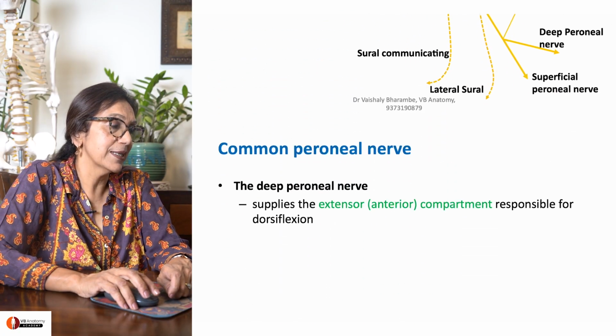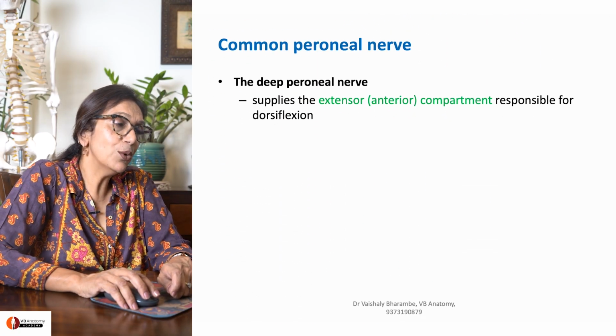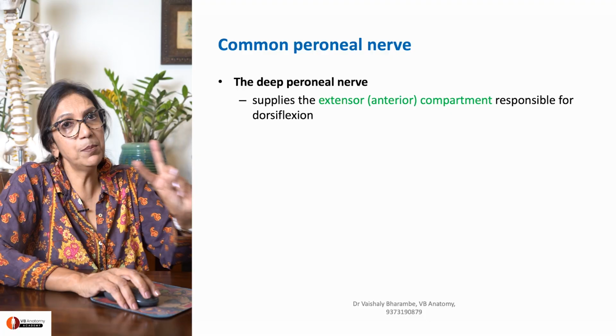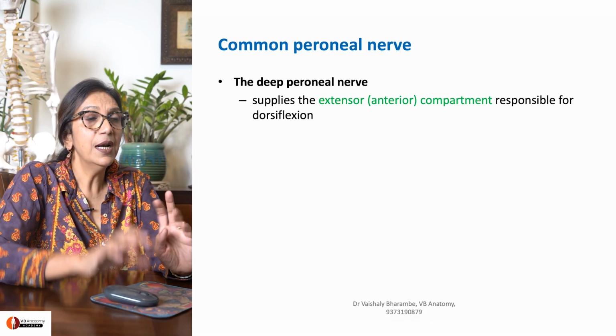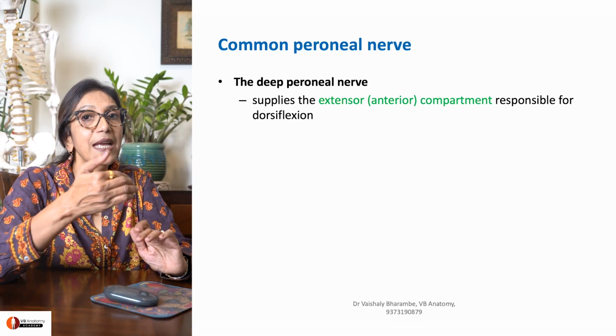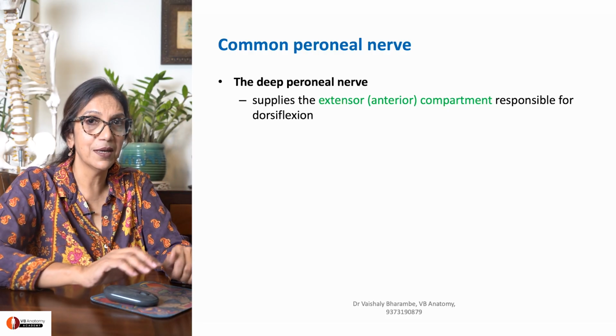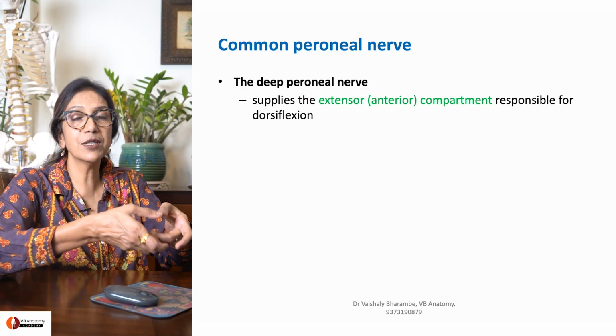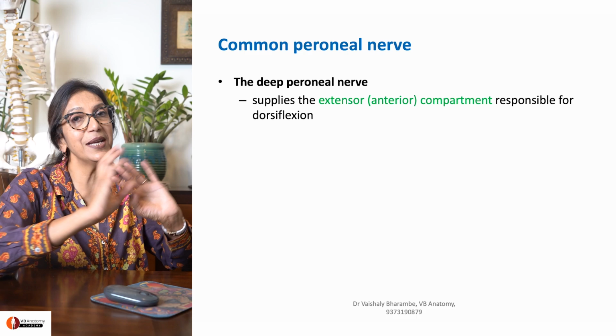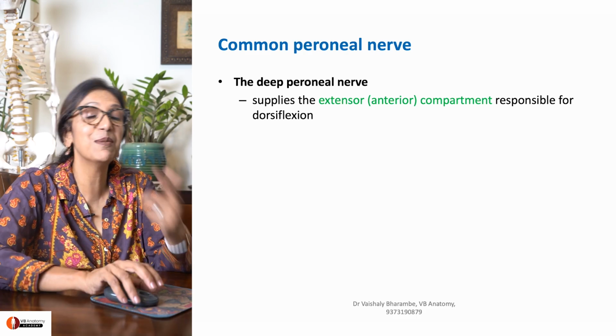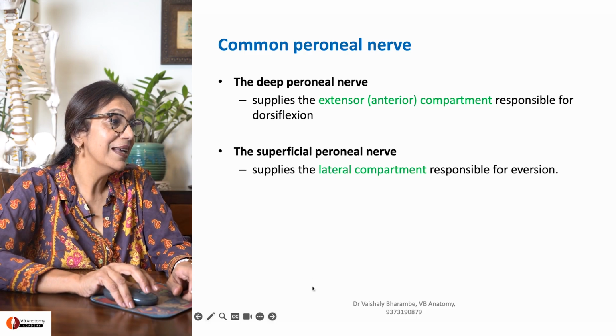Okay, right. So common peroneal nerve now divides into deep and superficial peroneal. Deep supplies the muscles of the extensor compartment of the leg. That means anterior compartment, which are basically responsible for dorsiflexion. Today's class is about dorsiflexion. Please dorsiflex again.